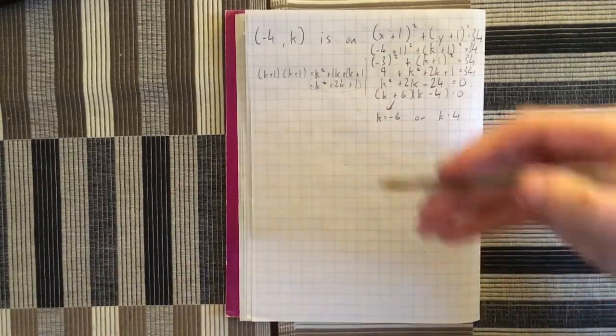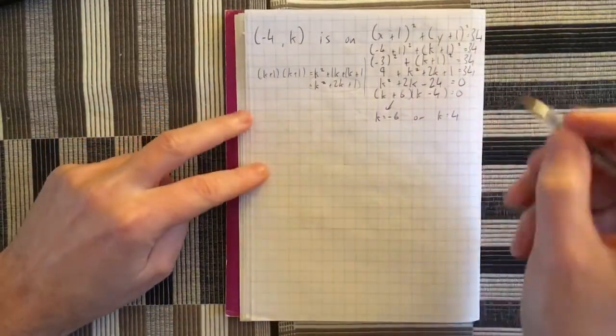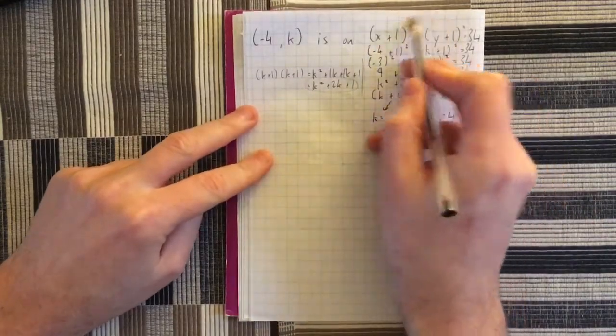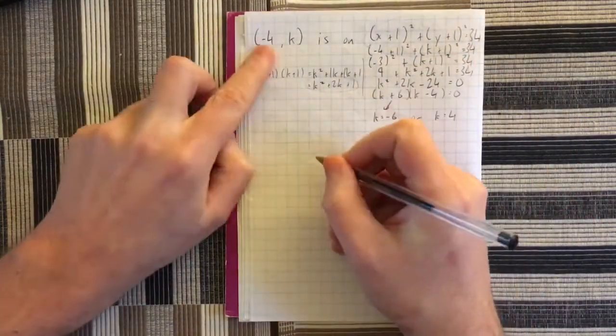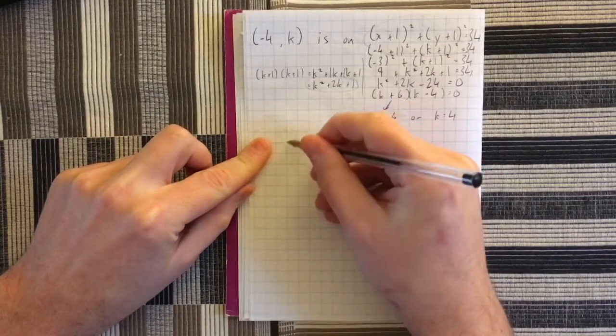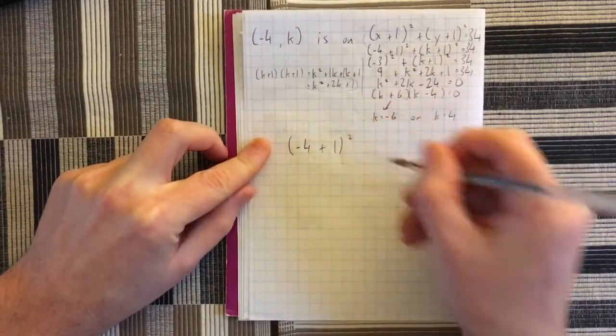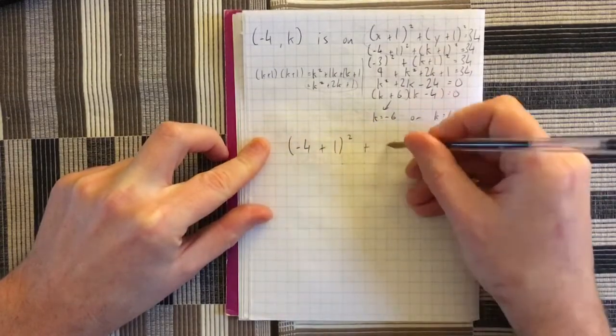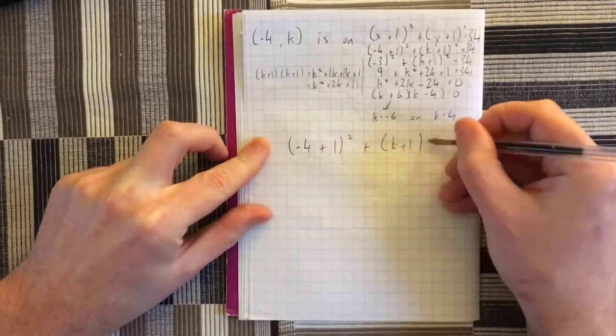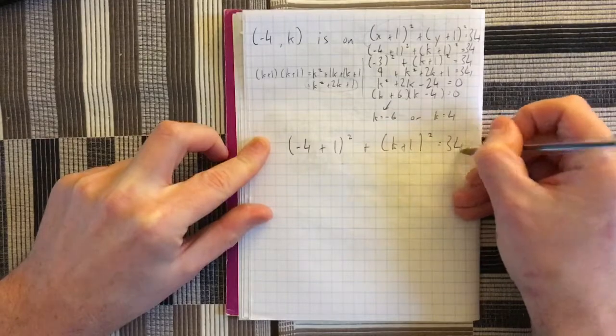Another way you could do this, slightly less formally, is just to look at it. So there's your circle again. You know that you're going to sub in (-4 + 1)² + (k + 1)² = 34.